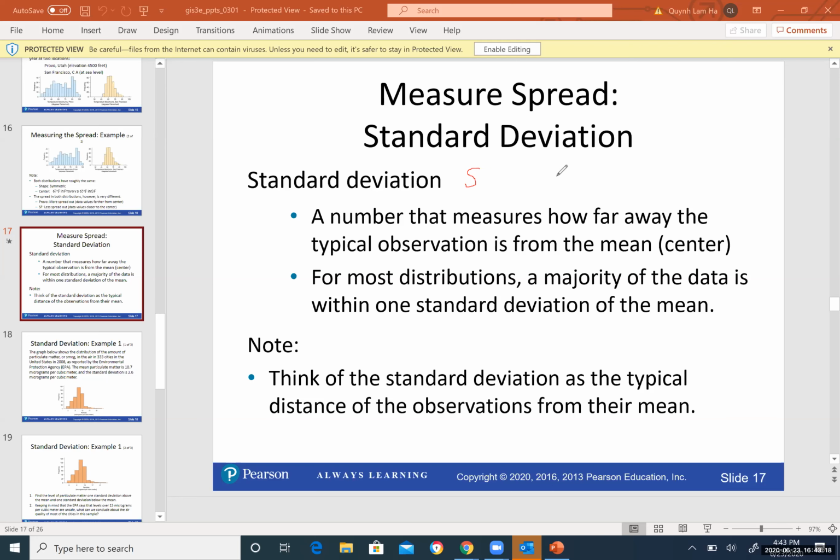We have another notation for standard deviation, sigma. Sigma represents the population standard deviation. Small s represents the sample standard deviation. They function the same, but s can estimate sigma. It's like x bar can estimate the entire population mean, mu.